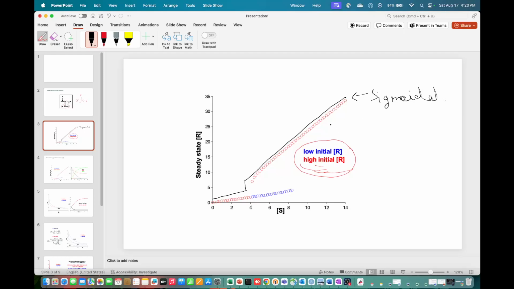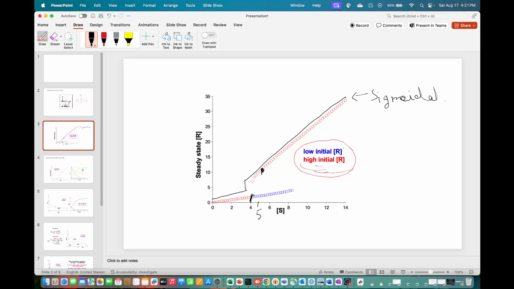So for high initial concentration of R, the steady state of R is actually sensitive. Say for example the steady state of S is here. If you just move the concentration of S from 4 to 5 here, the steady state jumps a lot. It's here now. So there's a sigmoidal function in play here.